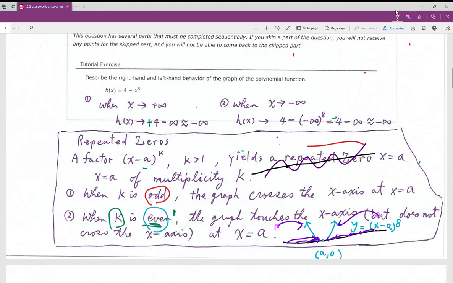And this one goes to here, and this one goes to there. Okay, and everything merged together. So in the end, you have the graph of the red color only.